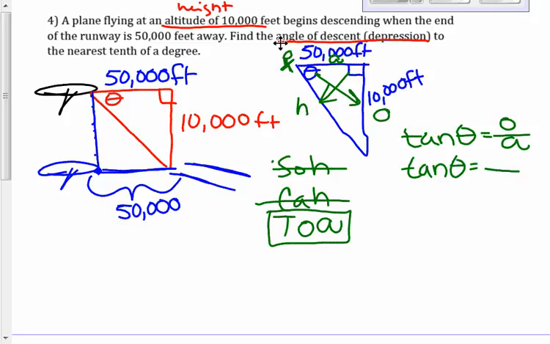We have our opposite, that's 10,000 feet, all over our adjacent, which is 50,000 feet. We know anytime we're solving for an angle, we hit inverse. So we need to take the inverse of tangent of 10,000 over 50,000.